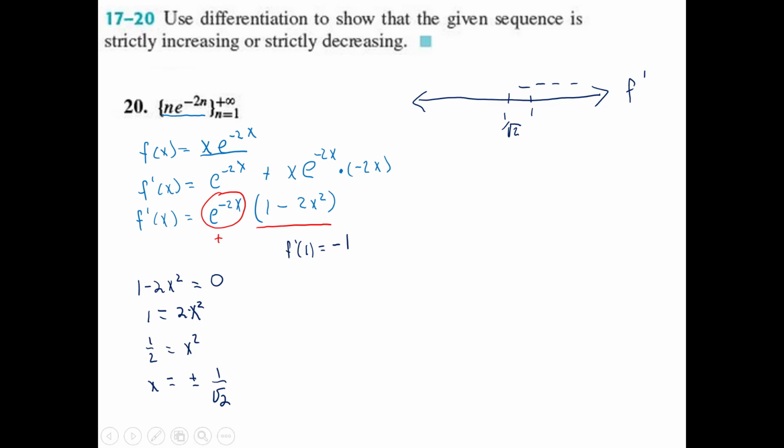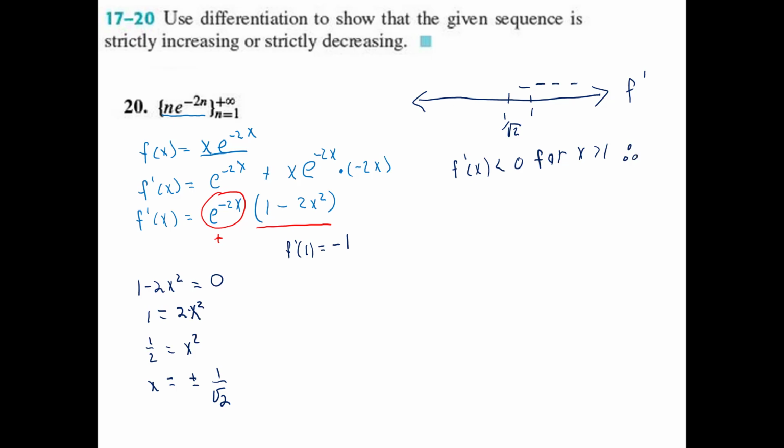And what the first derivative tells you is whether the original function is increasing or decreasing. So what we see here is that f prime of x is less than 0 for x greater than 1.